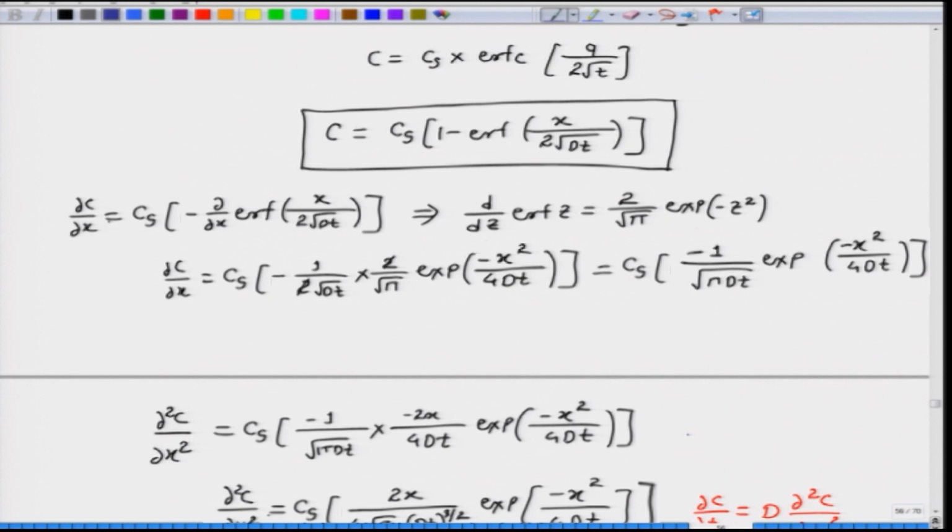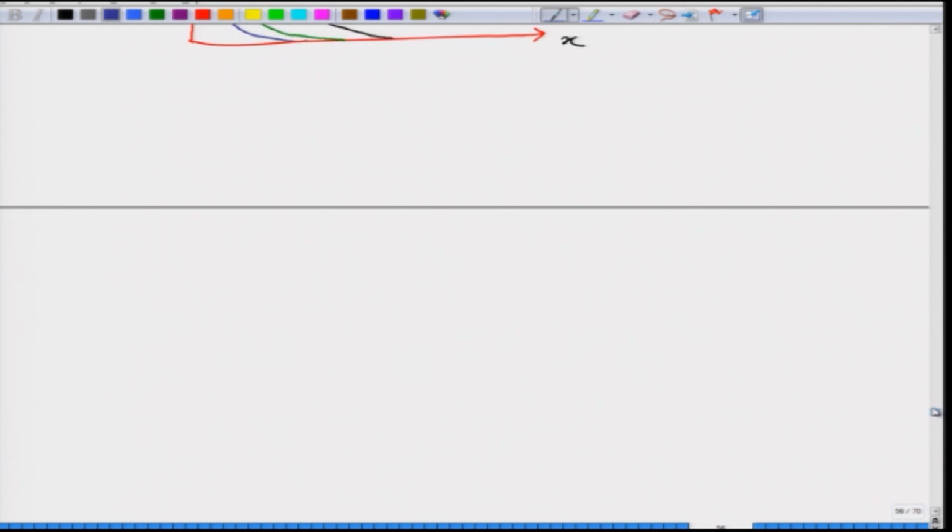Right. So, what does this mean? Our concentration here is a function of x over root t. This x over root t is usually referred to as Boltzmann parameter lambda of c. So, each concentration plane here is a function of lambda or x over root t.